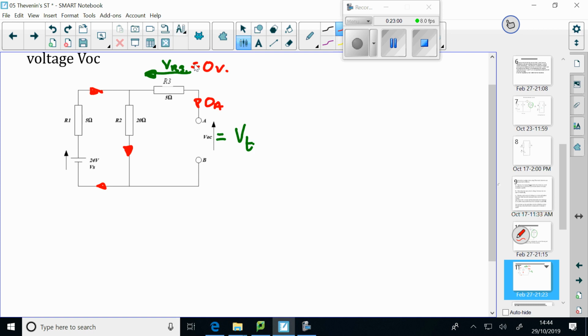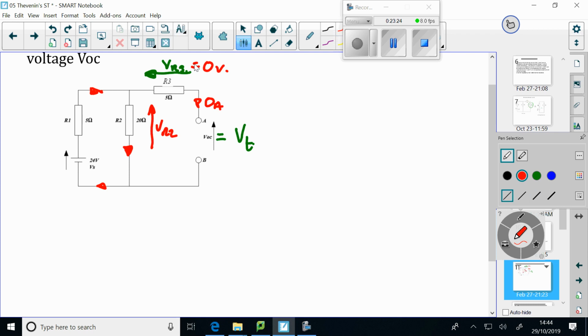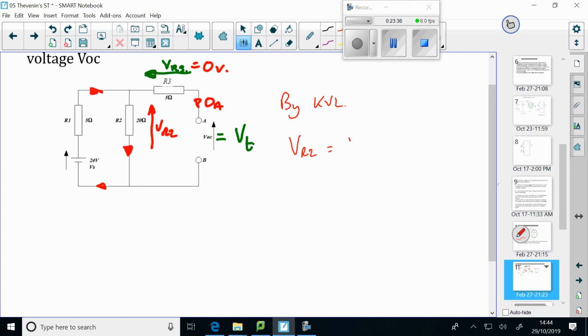So if this is VR2, what does Kirchhoff's voltage law say about VR2 and V Thevenin? Because that one's 0, we can say in full, by Kirchhoff's voltage law, we've got a clockwise arrow, VR2, and that's equal to VR3 plus V Thevenin, the open circuit voltage.